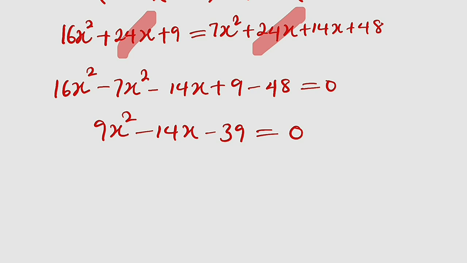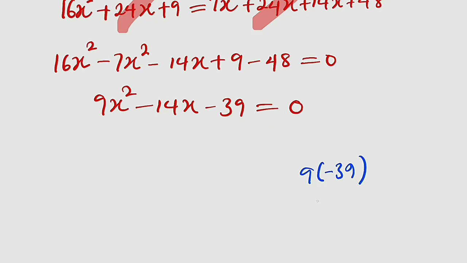Now we have a quadratic equation, and how can we factorize it? First of all, let us take the leading coefficient and multiply by the constant. So let me do it elsewhere. We have 9 multiplied by negative 39, which is going to give us negative 351, right? So now to factorize this, we're going to think of two numbers which, when we multiply them together, we get this negative 351.